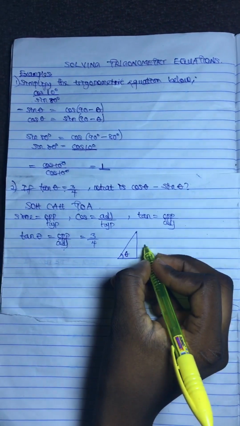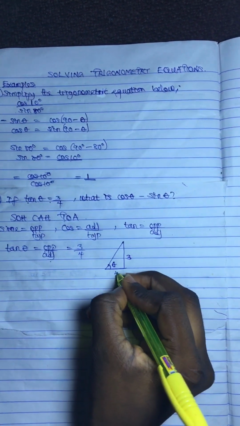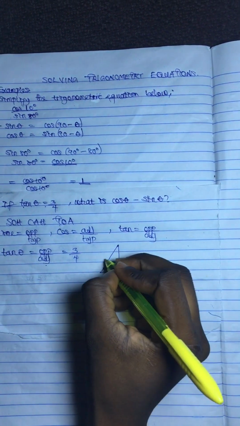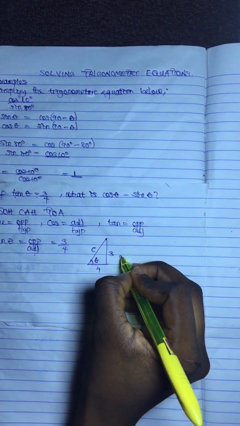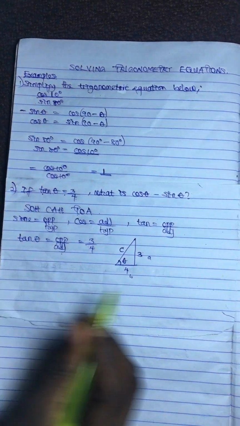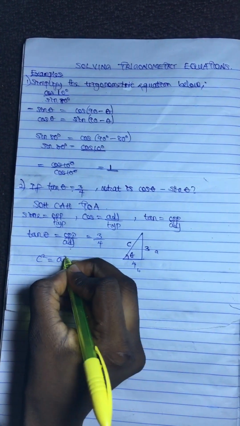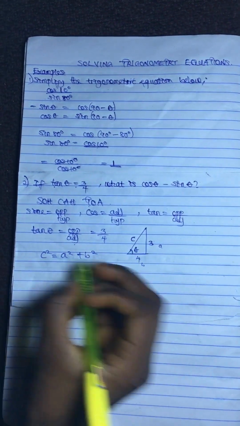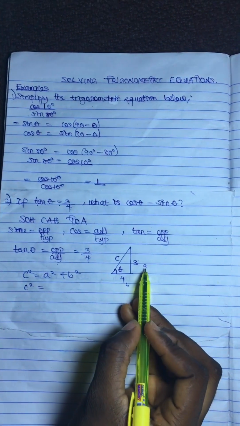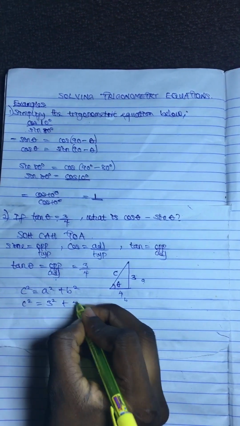Our opposite, where the angle is facing, is 3, and our adjacent is 4. This is our hypotenuse. We don't know the value, so let's represent it with C. Let's say this is side A, side B and C. We don't know the value of our C, so we quickly use our Pythagoras theorem, which says that c squared equals a squared plus b squared.